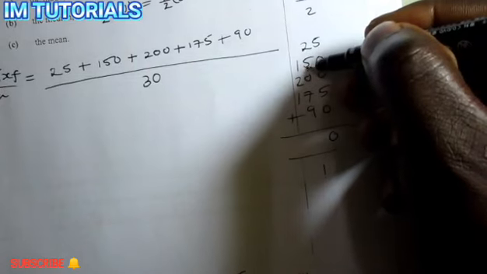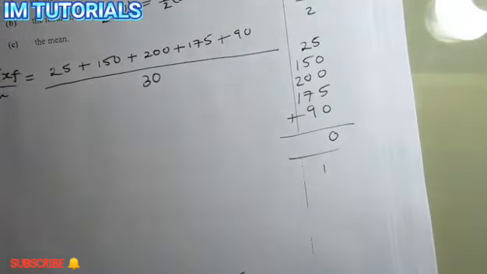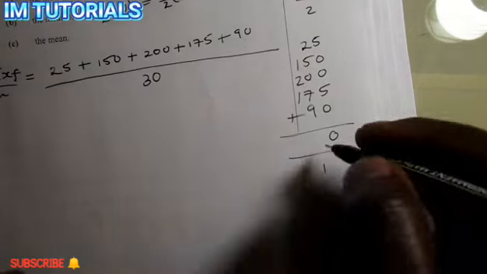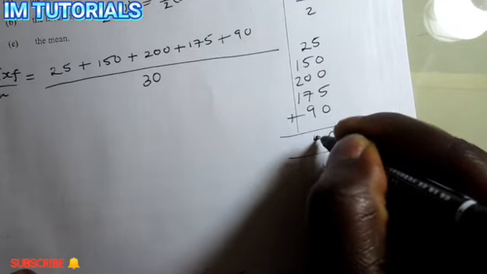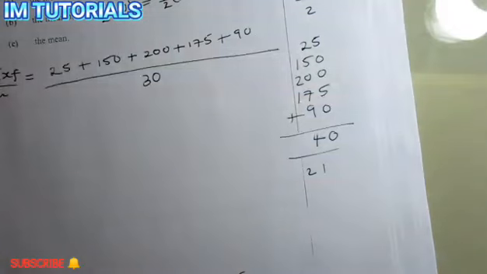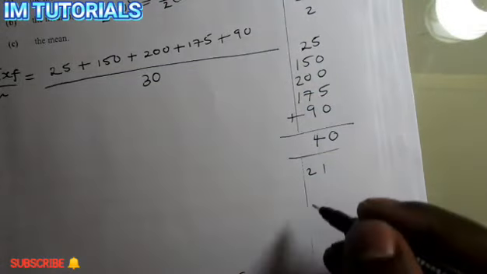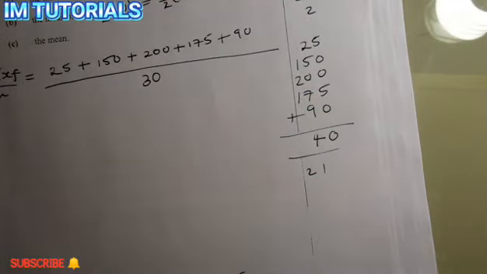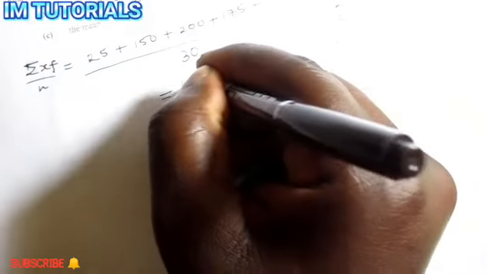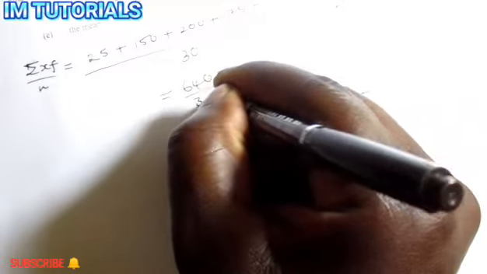Then 2 plus 5, this is 7. 7 plus 7, you get what? 14. 14 plus 9, you get what? 23. 23 plus 1, you get what? 24. So you write 4, carry 2. 1 plus 2 plus 1, you get 4, plus the carry 2. 4 plus 2, you get what? 6. So it means that we have 640 divided by 30.